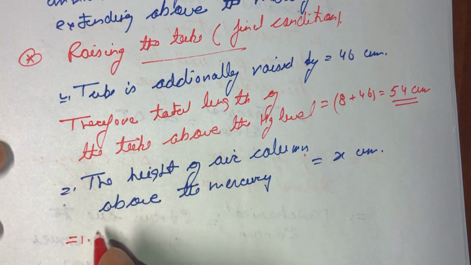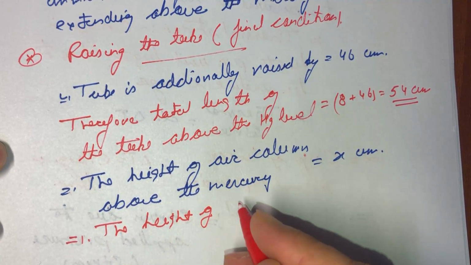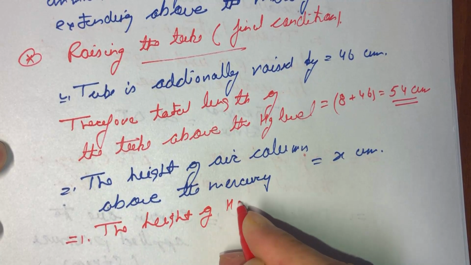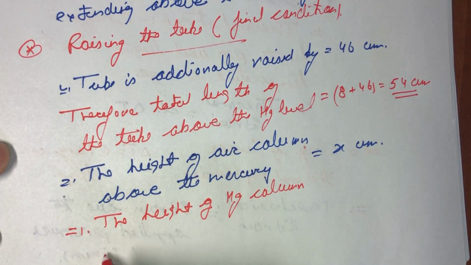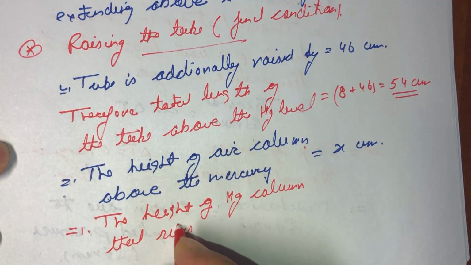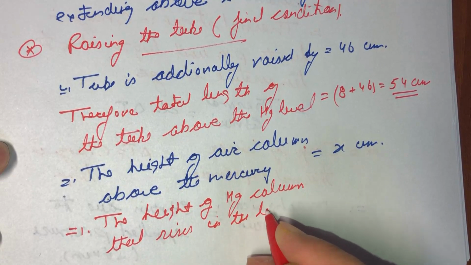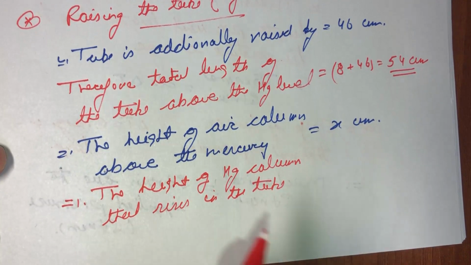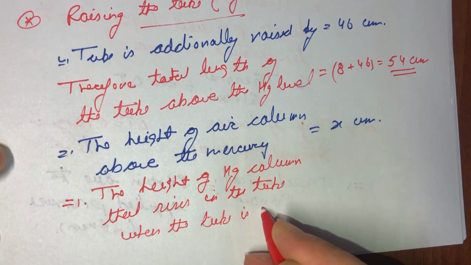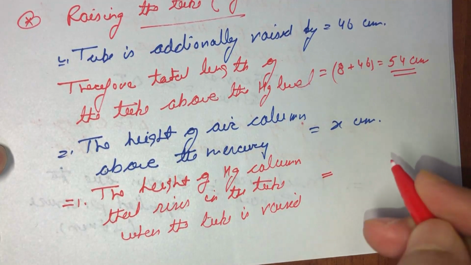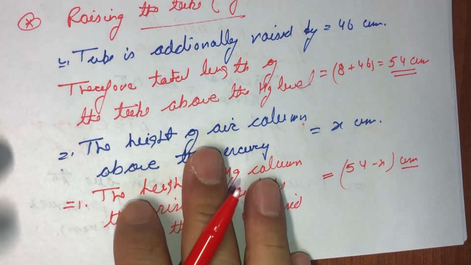So the height of the mercury column that rises in the tube when the tube is raised will be equal to 54 minus x centimeters.